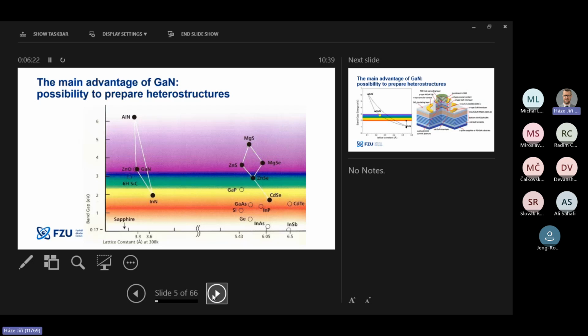the family of semiconductors. Here we can see silicon carbide, which has a quite similar lattice constant to gallium nitride, and only a little bit lower bandgap. But the advantage of nitrides is that you can make heterostructures and prepare structures with different functionalities.